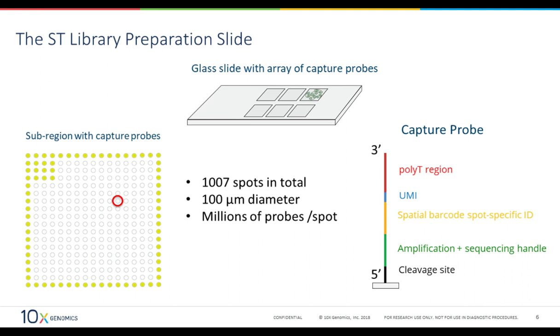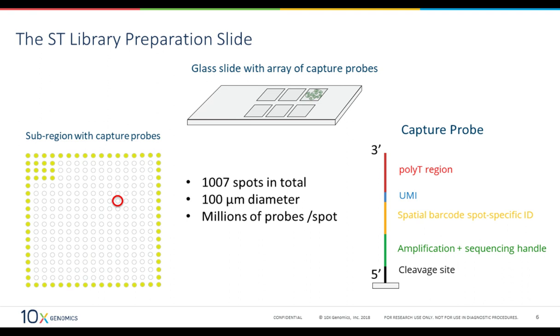So we can mount our cryostat section onto the subarray, and we go through a process of fixing and permeabilizing that tissue. When we do that, the RNA will diffuse out, and then we can capture that RNA. If you look over on the right-hand side of the slide, we see the capture probe. As the RNA passes down through the cell, it will be captured onto the poly-T capture region.